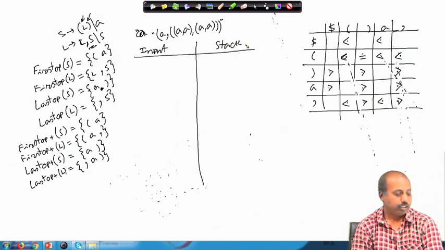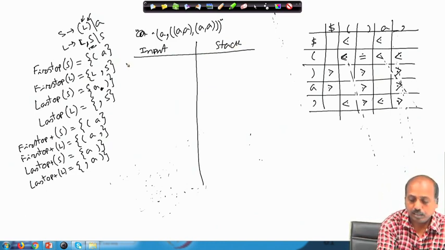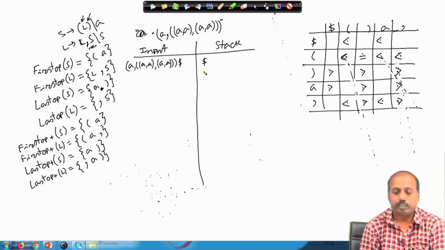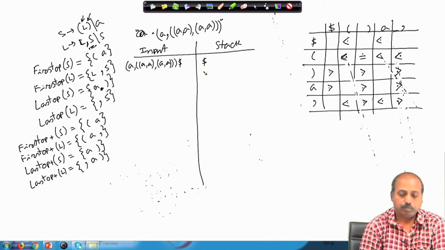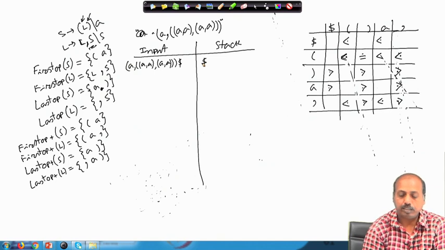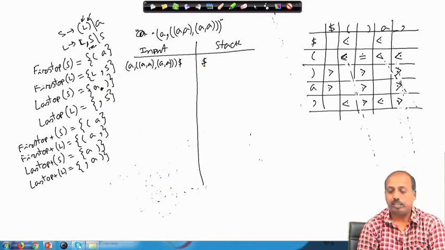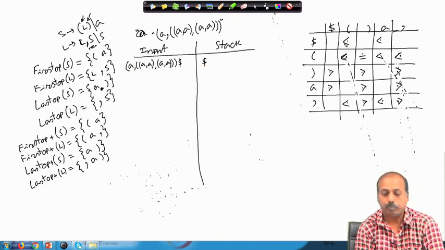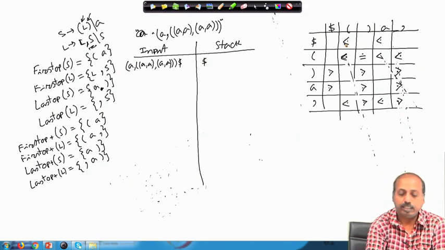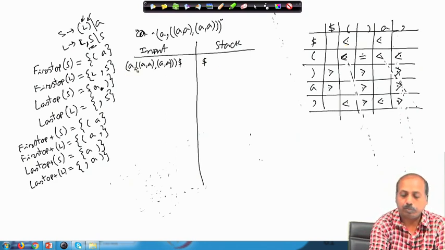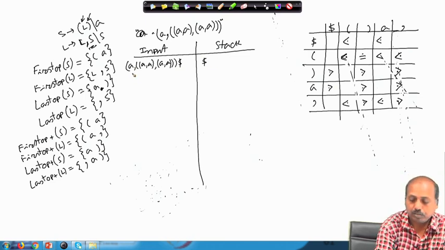Initially the input is this whole string, A comma within brackets A comma A comma A comma A, terminated by dollar, and the top of the stack is also dollar. So, dollar is less than open parenthesis. So, it will tell that I have to shift this open parenthesis into the stack. The configuration changes to something like this.